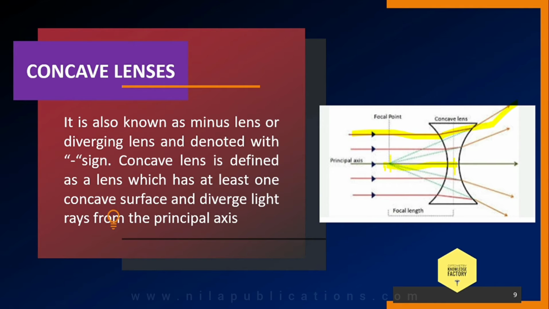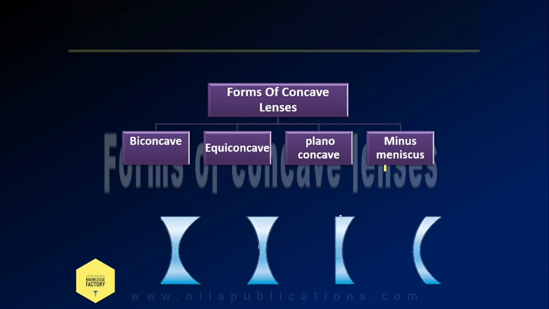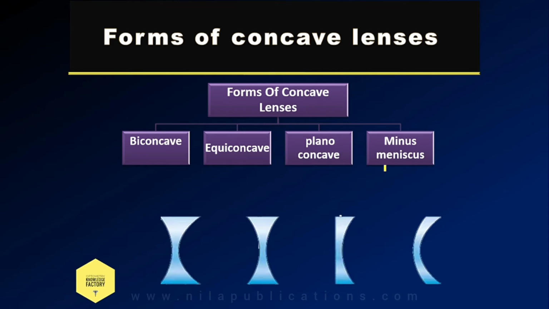It is defined as a lens which has at least one concave surface and diverges light rays from the principal axis. Like convex lenses, concave lenses also consist of four forms: biconcave, equiconcave, planoconcave, and minus meniscus. In biconcave, both surfaces of the lens are concave with unequal power.